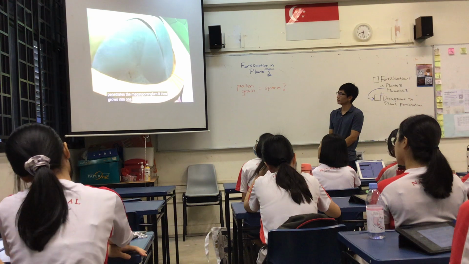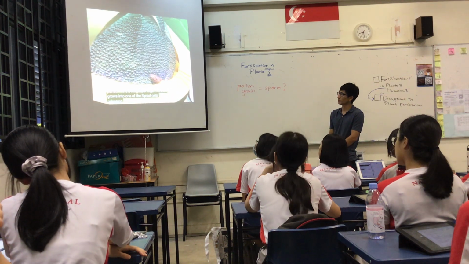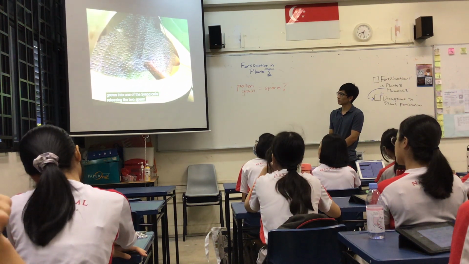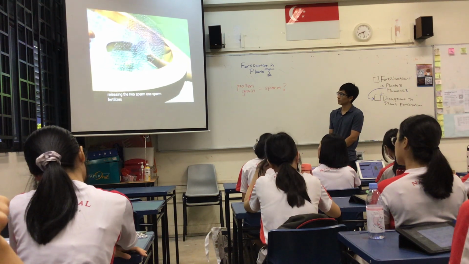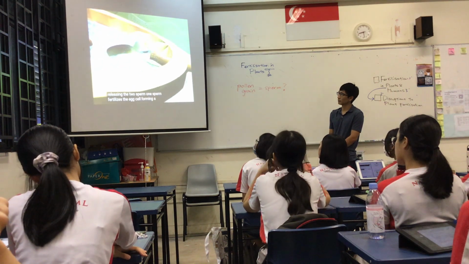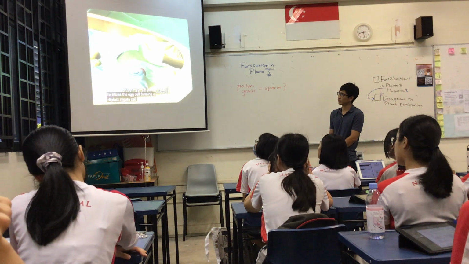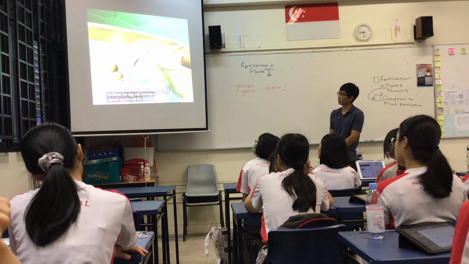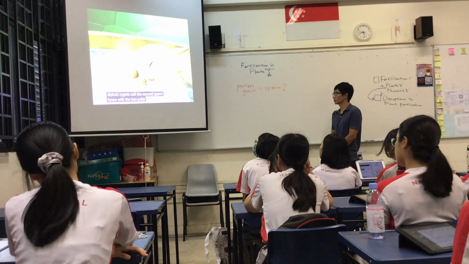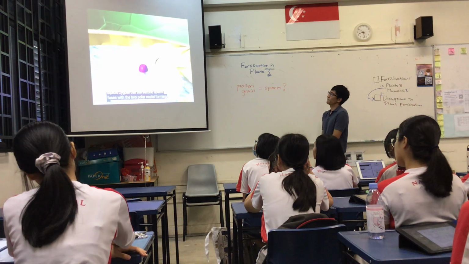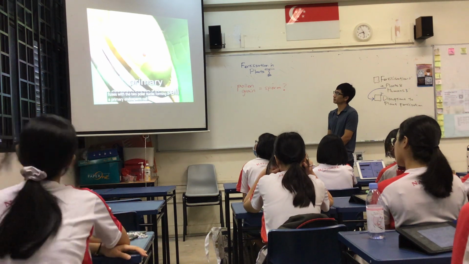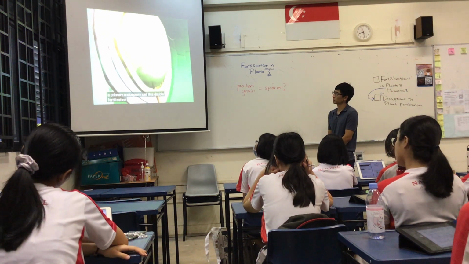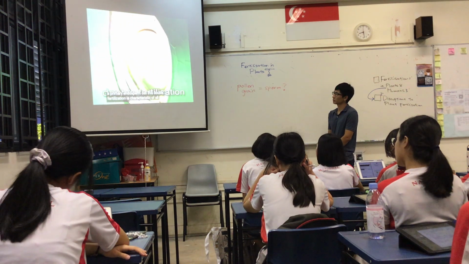It then grows into one of the synergid cells, releasing the 2 sperm. One sperm fertilizes the egg cell, forming a diploid zygote cell. The second sperm fuses with the 2 polar nuclei, forming a primary endosperm cell. This double fertilization is characteristic of all angiosperms.